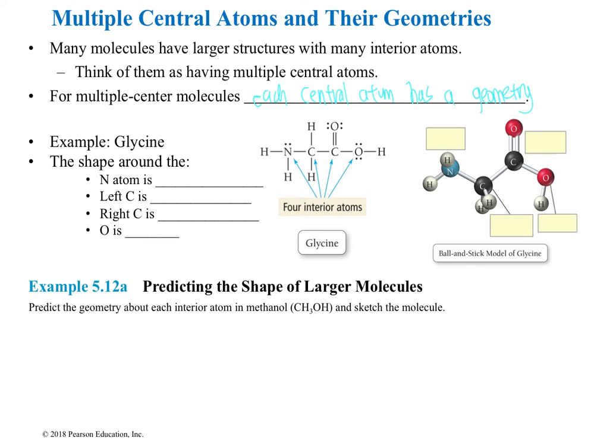So first off, the nitrogen. It has 1, 2, 3, 4 groups, and of those groups, 3 of them are atoms. So it's tetrahedral, but 3 are atoms and 1 is a lone pair, so that is trigonal pyramidal.